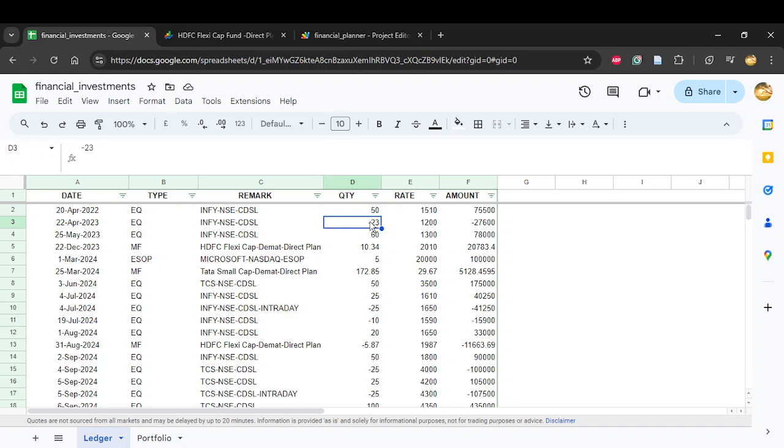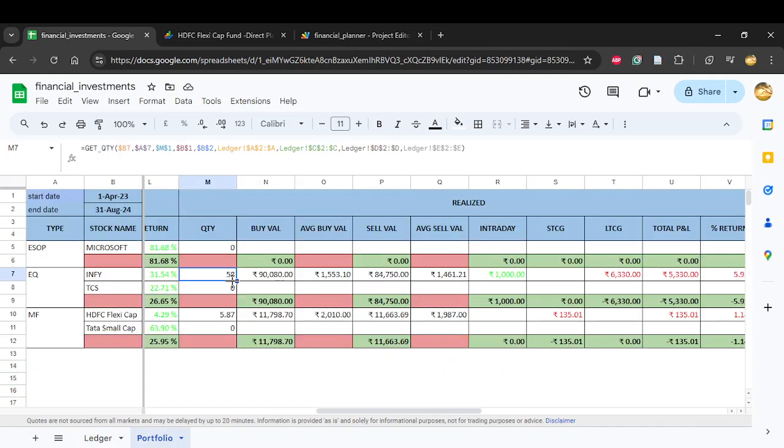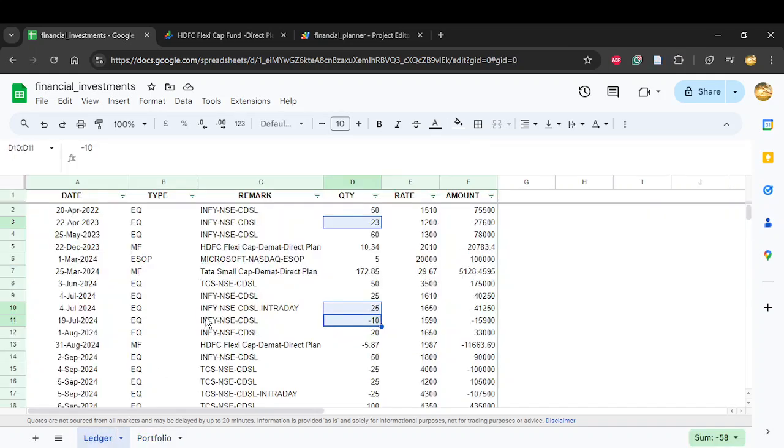I sold 23 shares here, again 25 here, and again 10 here, in between these three dates. So I have 58 shares sold, so that number is probably correct. You can also cross check this on your own.